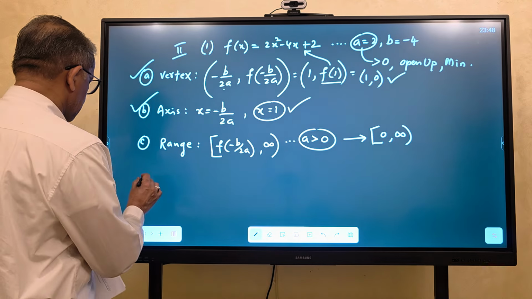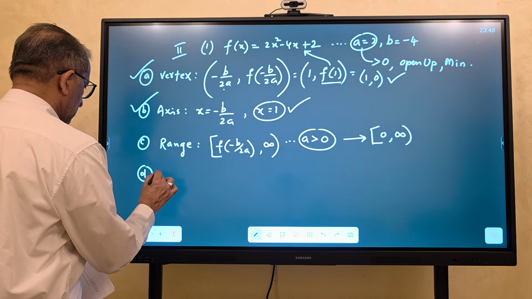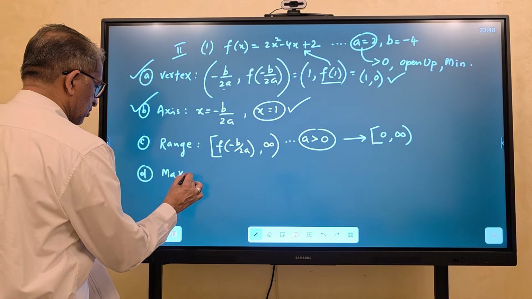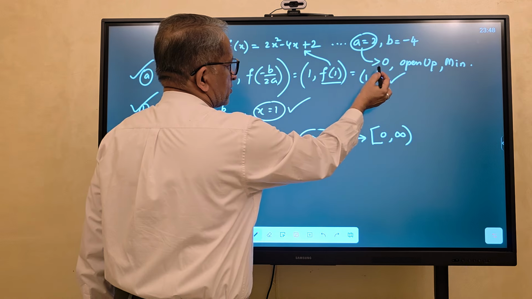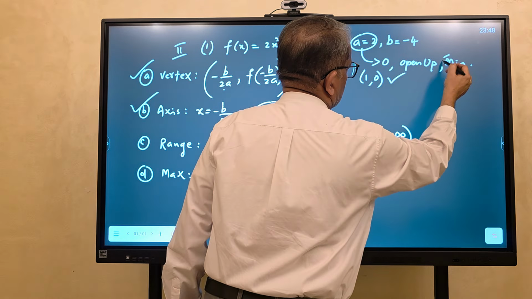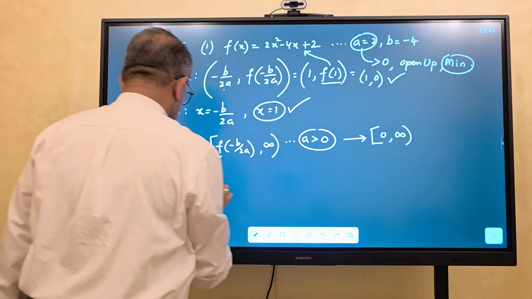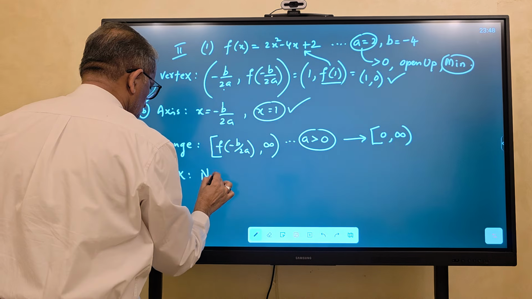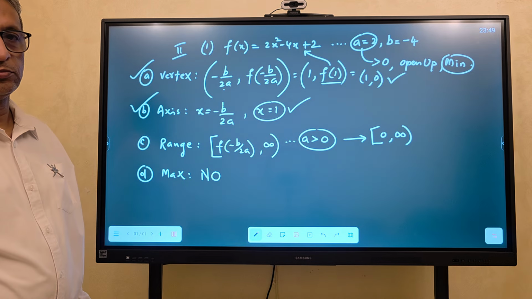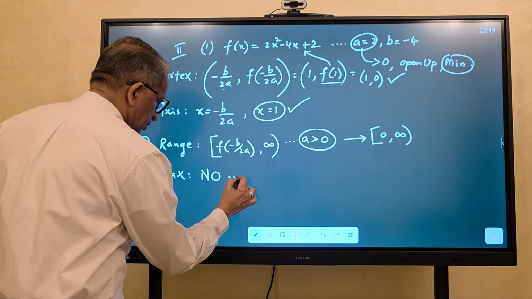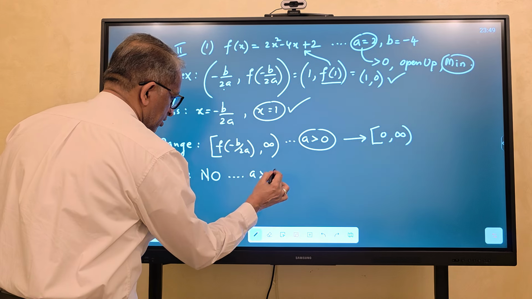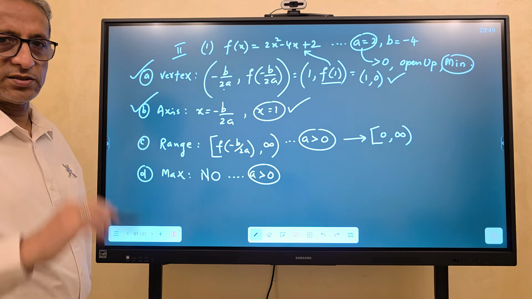Next, D, maximum. Look at it. a is positive, it opens up, you get what? Minimum. Therefore, there is no maximum here. Why no maximum? Because a is positive. No maximum.